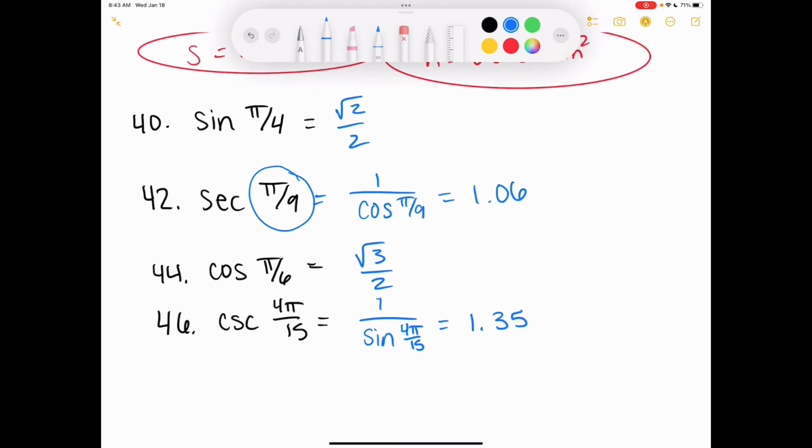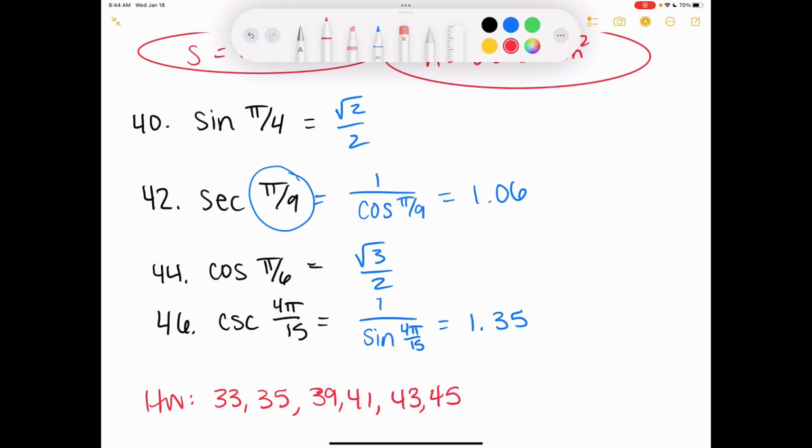Okay, so then the problems, let's see. In addition to what you had yesterday, I'm adding on 33, 35, 39, 41, 43, and 45.